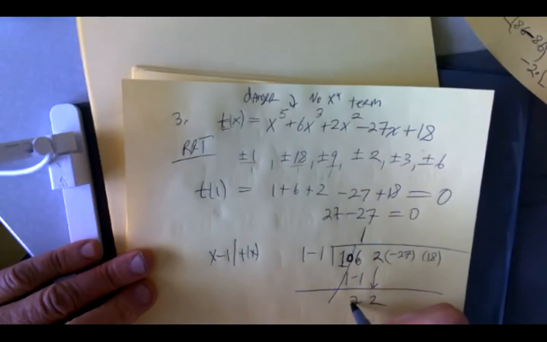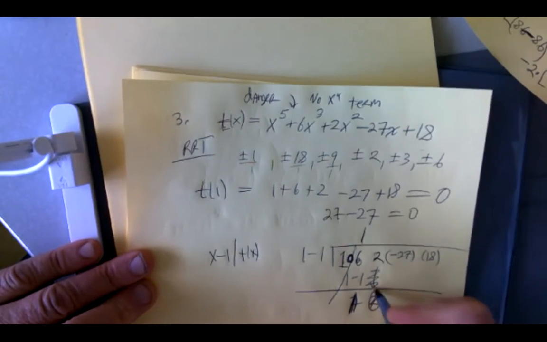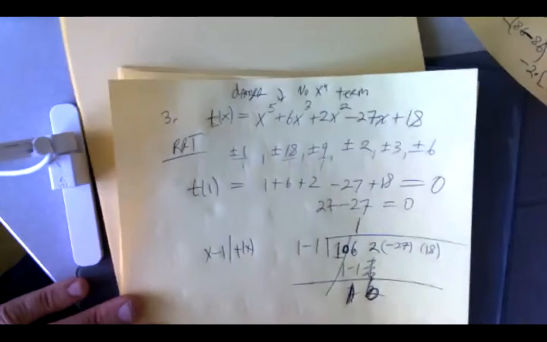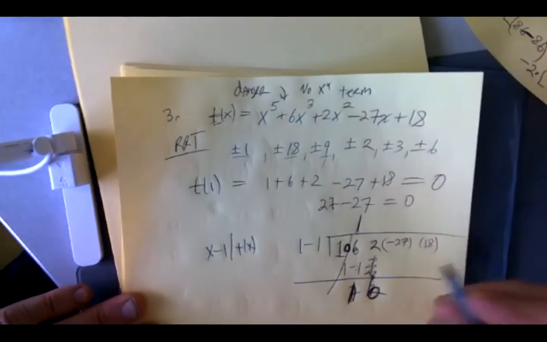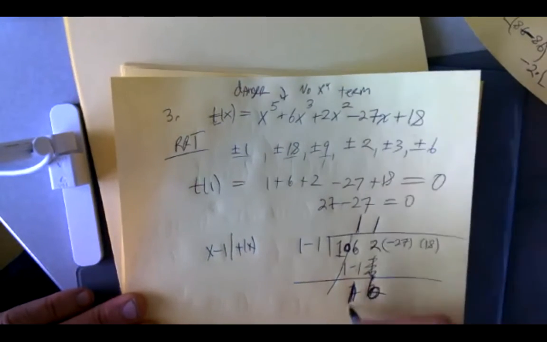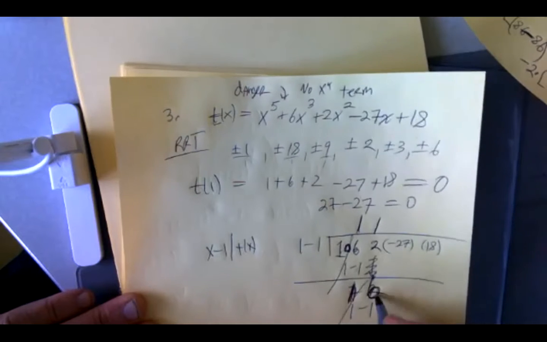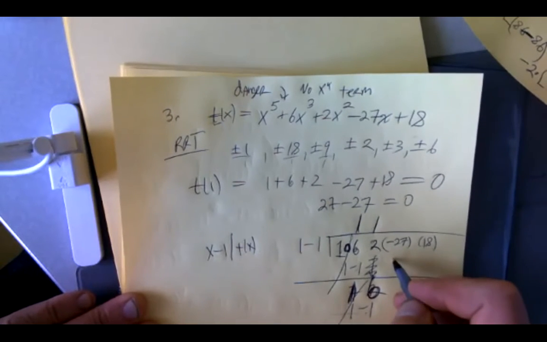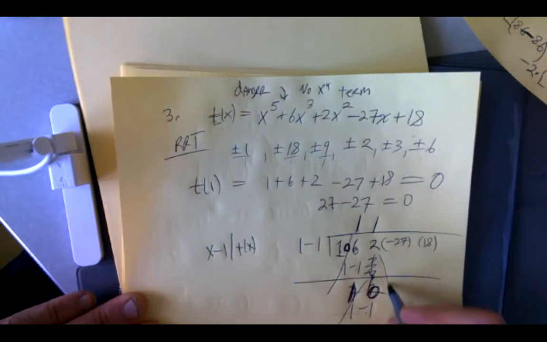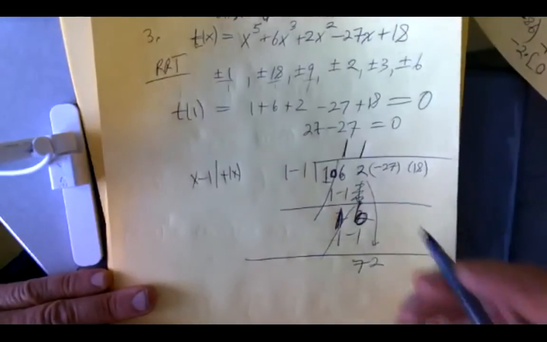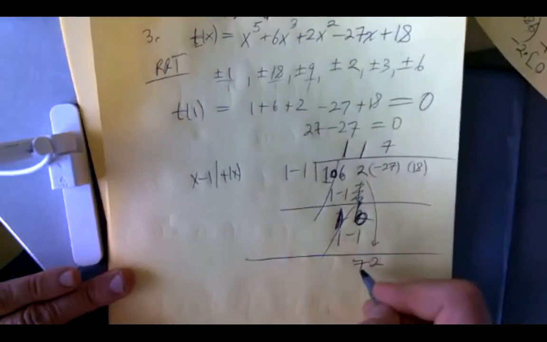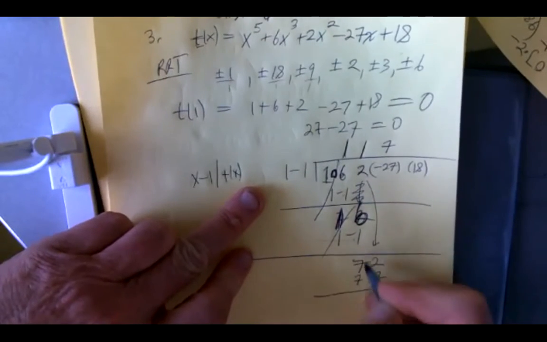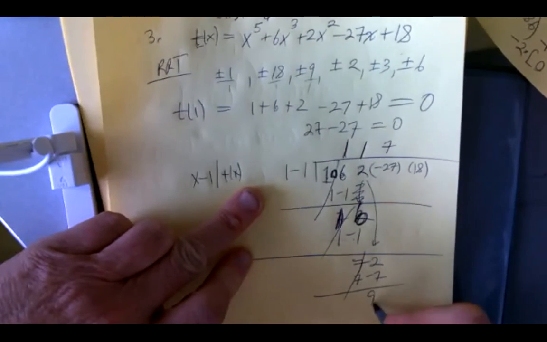So this is that 0 minus 1 is 1. I'm bringing down a 6. Okay, so it's like twice in 1. So I do a 1 again. 1, negative 1. I'm going pretty fast. 6 plus 1 is 7. Bring down a 2. If I was on a test, if I don't get 0, I know I messed up. If I get 0, I know it's perfect. So I get 7, negative 7. 2 minus the negative 7 is 9.